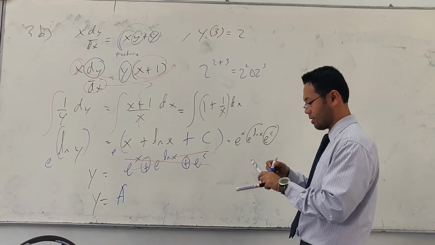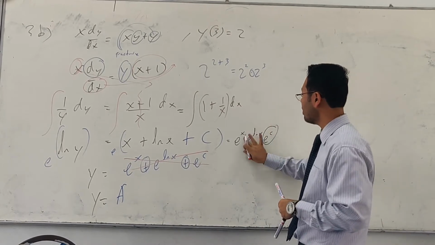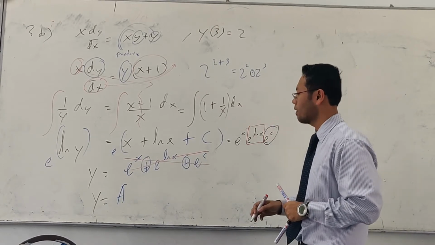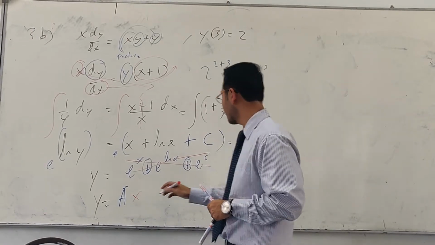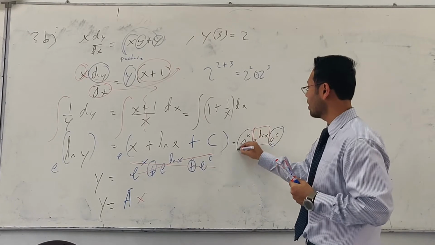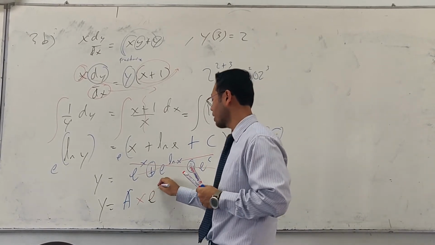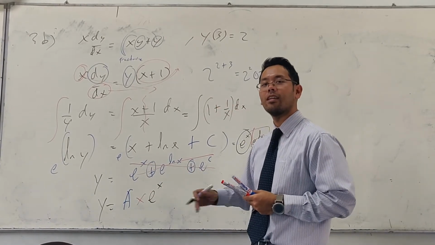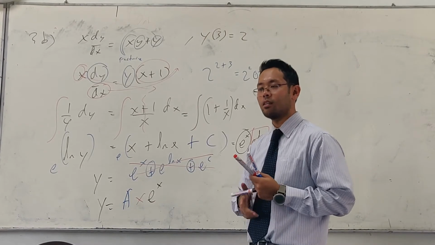E to the ln x, let's use different colors, e and ln disappear, x. Yes. Nice. Fine. What should we do next?